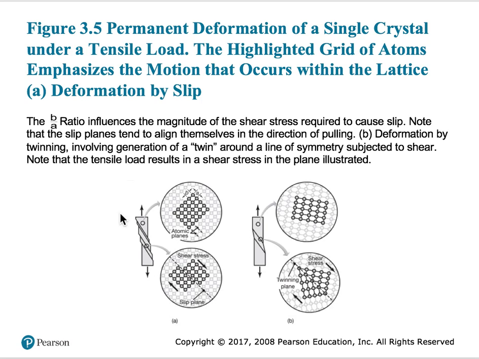You didn't really look at the side of that tensile test sample and observe that they had these kind of striations. And why does this happen?